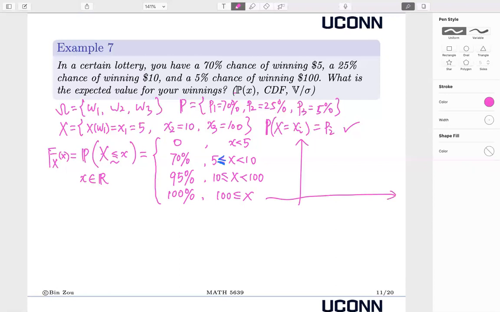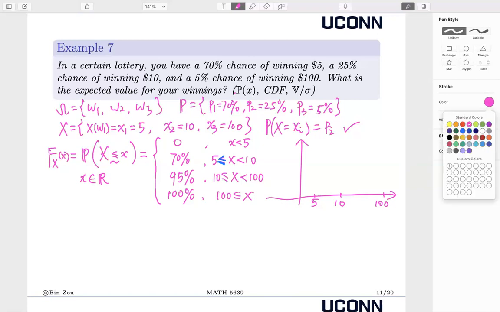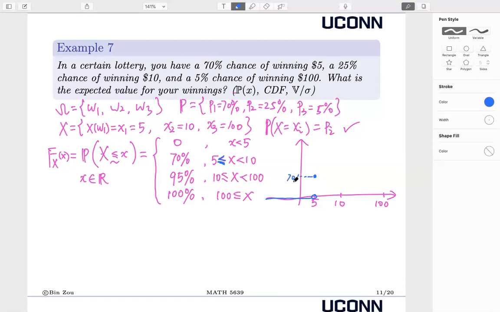So let's call it 5, 10, here's 100. Of course, it's not exactly to the scale of the corresponding values. For anything below 5, it's 0, and here it's empty. Then I jump to 70%. So this level is 70%. I stay at this level until 10.